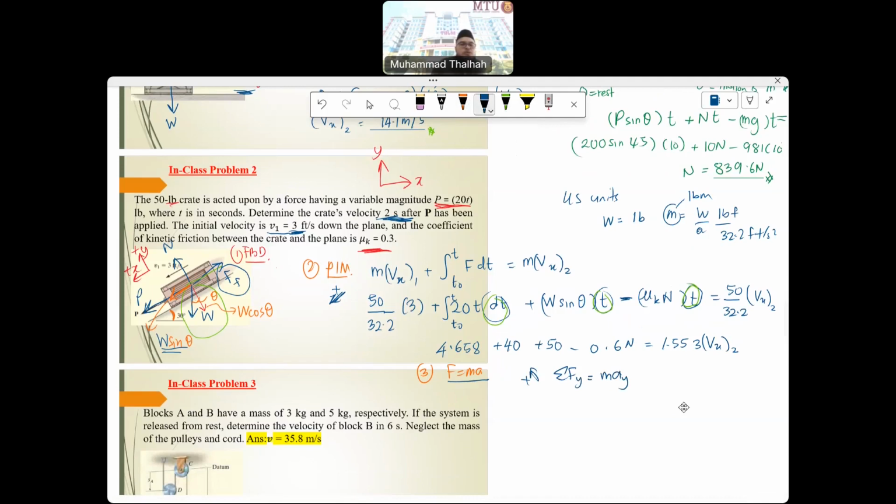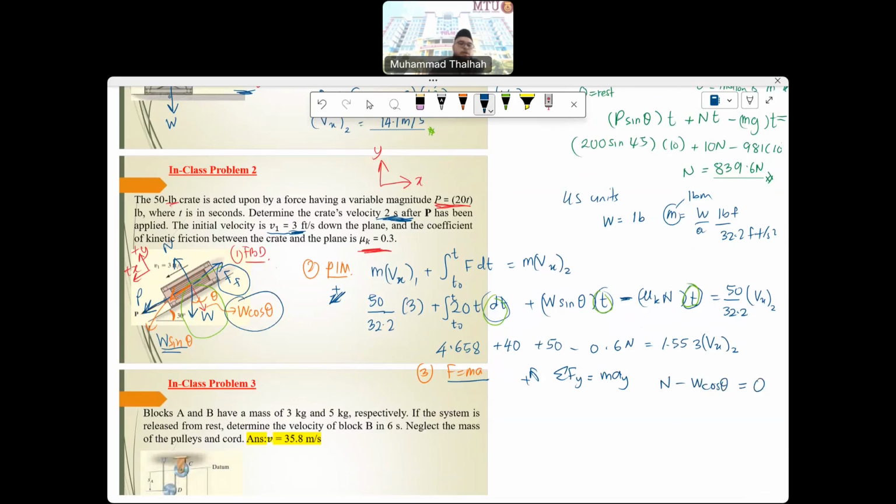So what will that give us? We will have the normal acting in the positive Y direction minus W cosine theta, right? W cosine theta is going downwards. That will equal 0.